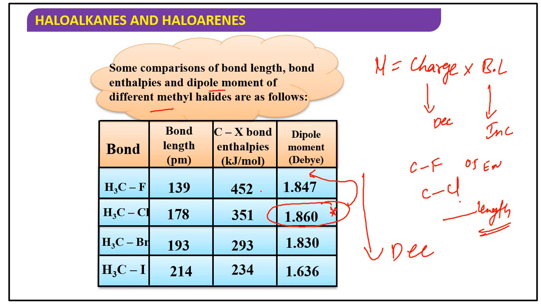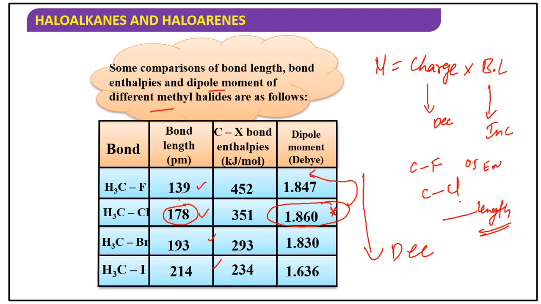Next, bond length: you can see here the bond length increases down the group, but see, 139 to 178 is a sudden increase, approximately 37 picometers, whereas the other increases are hardly 20 and 20.